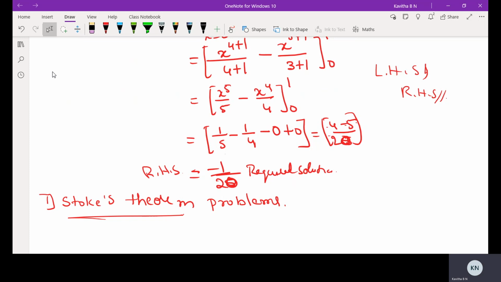Stokes theorem statement is: integral over C of f vector dot dr vector is equal to double integral over S of nabla cross f vector dot n cap dS. Okay, then in the next session I will start Stokes theorem problems.